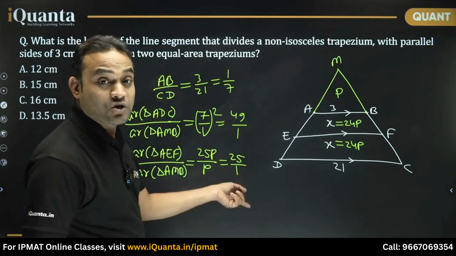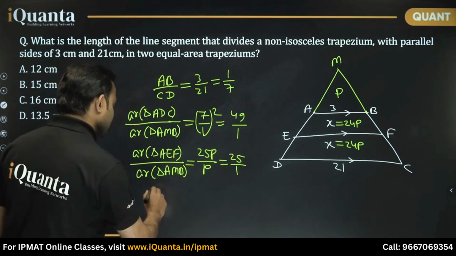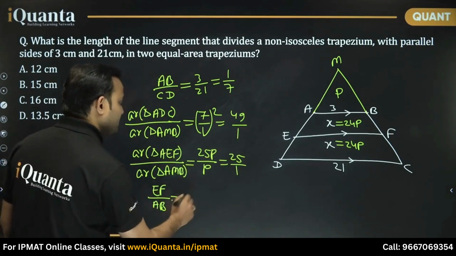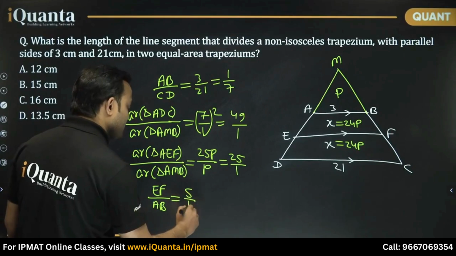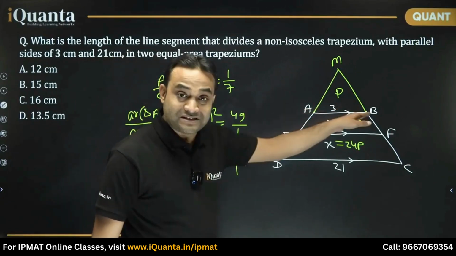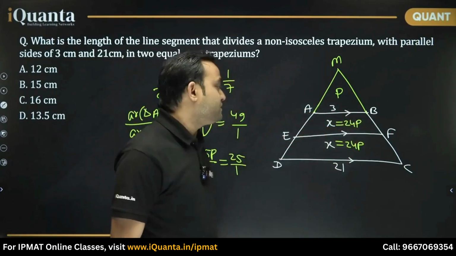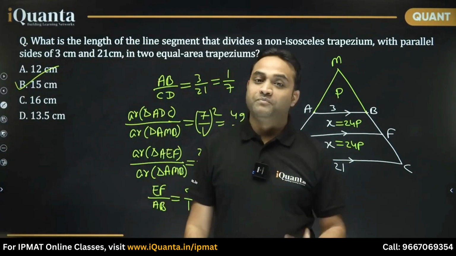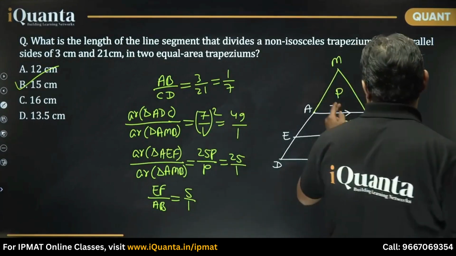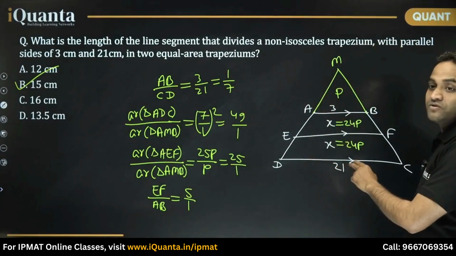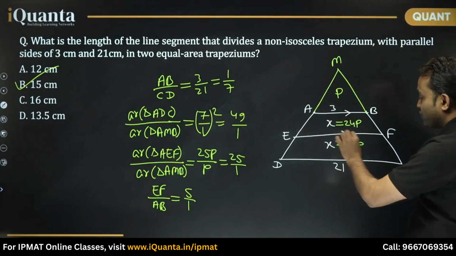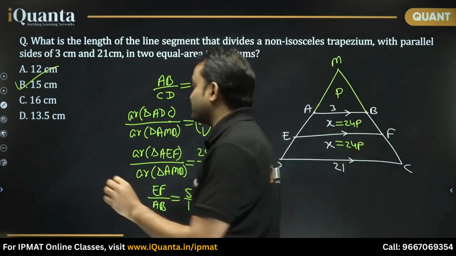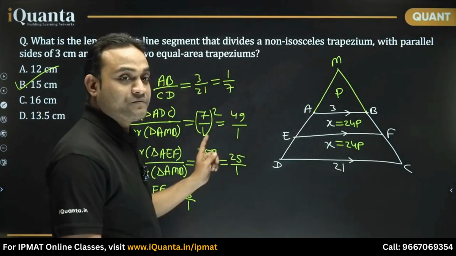So the ratio of corresponding side lengths, EF divided by AB, will be the square root of this, which is 5 by 1. So if AB is 3, can we say EF will be equal to 15? And so our answer is option B. This is 3, this is 21. We needed to find the length of EF, and that will be equal to 15 centimeters.